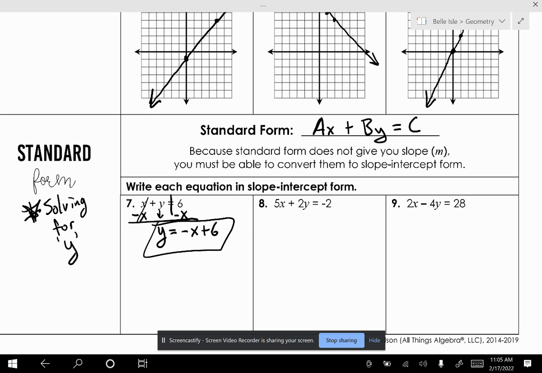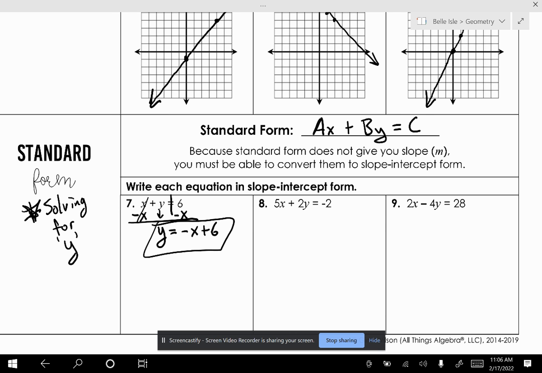Left negative 2 or negative 2? Mr. Bennett?